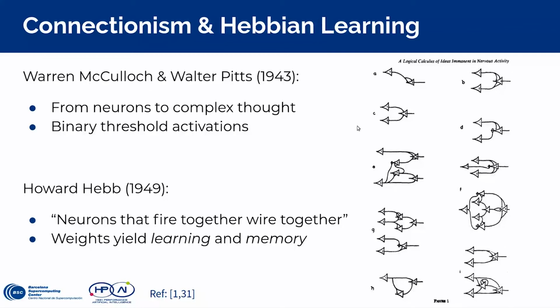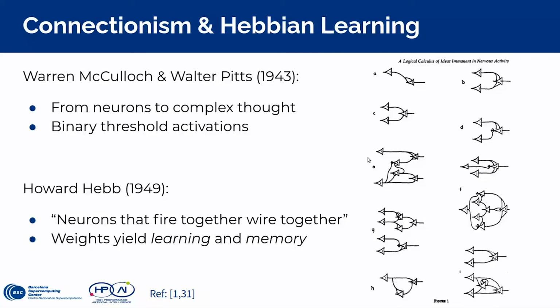You can see here on the right, this is actually from their paper in 1943, the designs of neurons they considered, in which there were several neurons connecting to one another. So the output of one neuron is the input of the other. So we can create networks in this way that compute something.